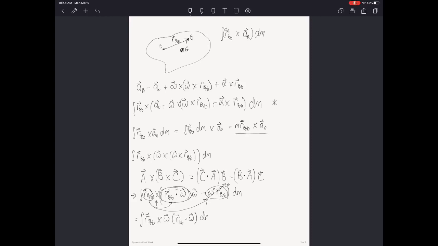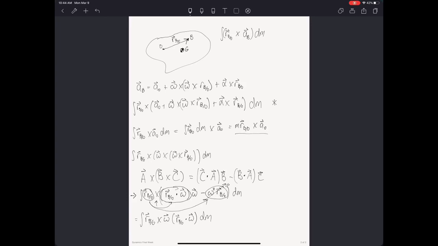In 3 dimensions, this term is a little bit problematic. R with respect to O and omega crossed, this gives a term that's non-zero in general. And additionally, R with respect to O dot omega is non-zero in general. When integrated over the mass, this is problematic.